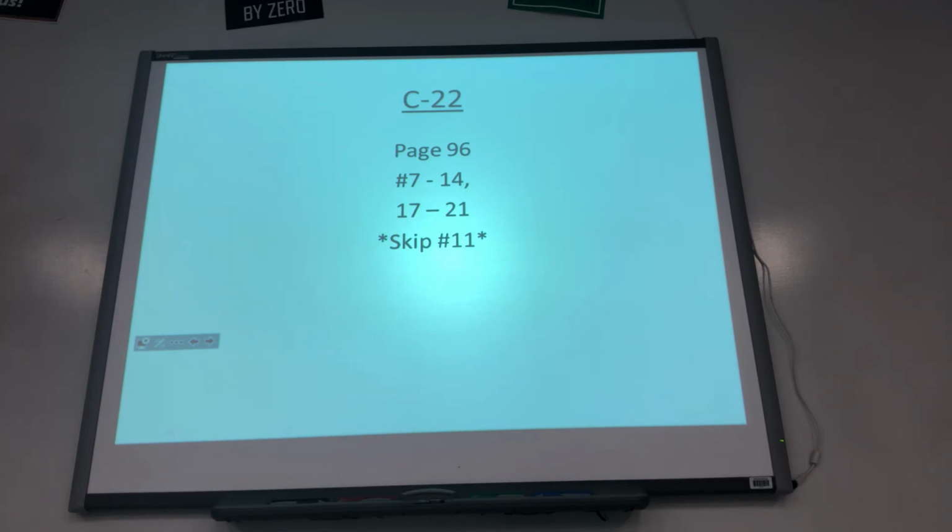However, you can skip number 11. Don't worry about number 11. Again, with the one-sided limits, you can try it like a normal limit first, but if that doesn't work, you can always try to graph to help you figure it out.